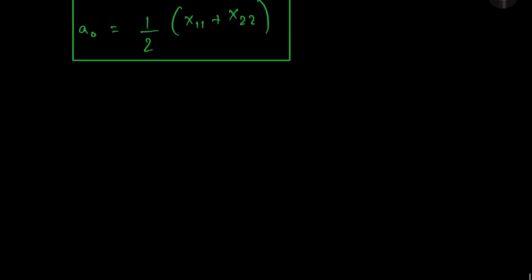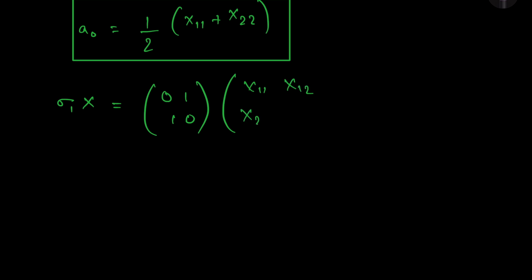So for a1, we have to consider sigma 1 X, which is 0, 1, 1, 0, times X11, X12, X21, and X22. So we'll get the resulting matrix as X21, X22, X11, and X12.